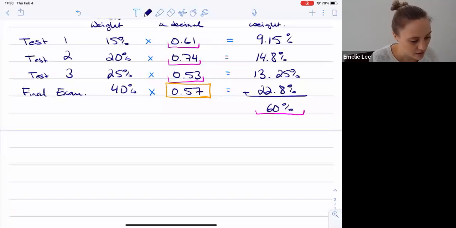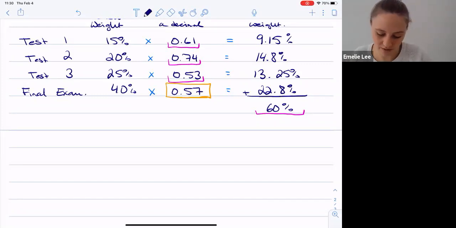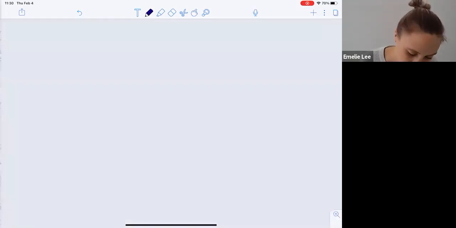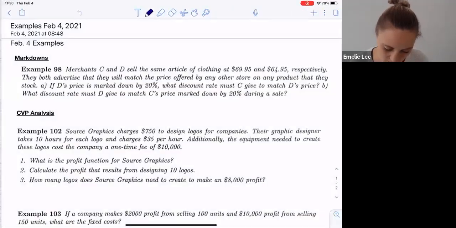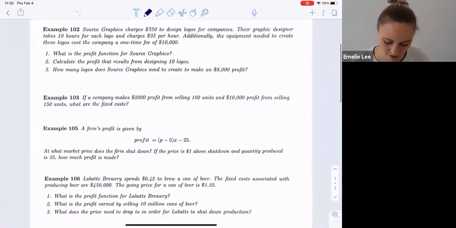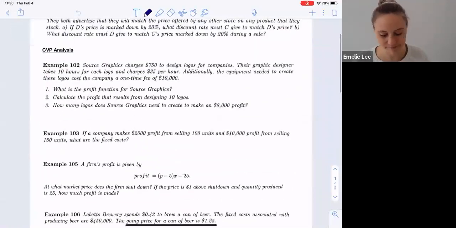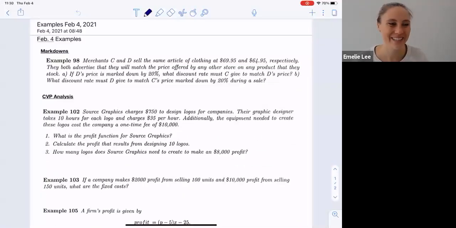Good. I did post the examples that we're going to go through. They're just from the textbook, so nothing crazy. It should look something like this, right? So these are the ones that I want to go through, hopefully today.